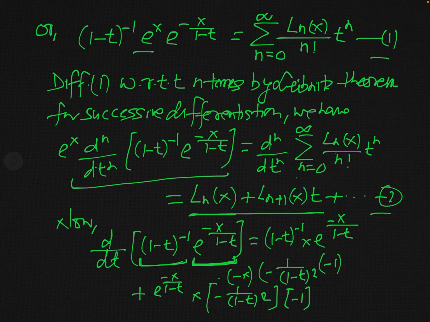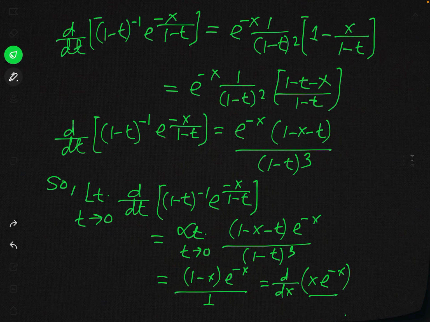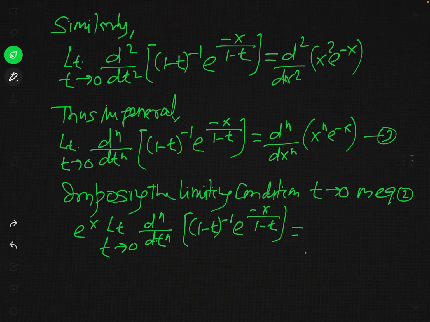Only Ln of x will remain non-zero, that is, only the first term will remain. So after imposing this limiting condition on equation 2, the RHS will be simply Ln of x. Say this is equation number 4.